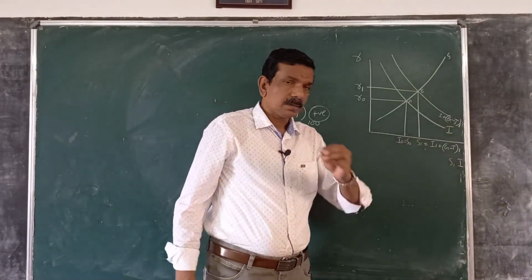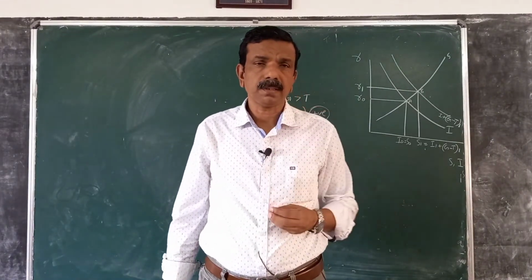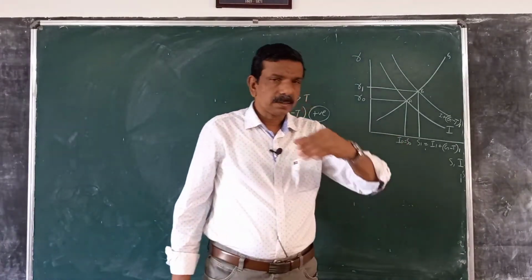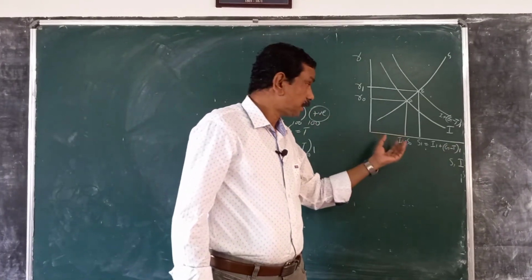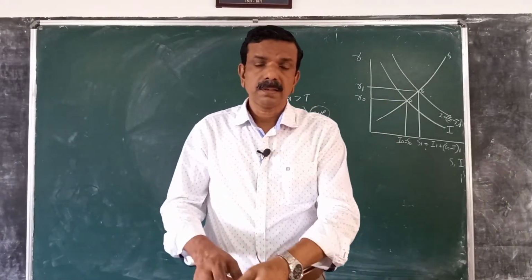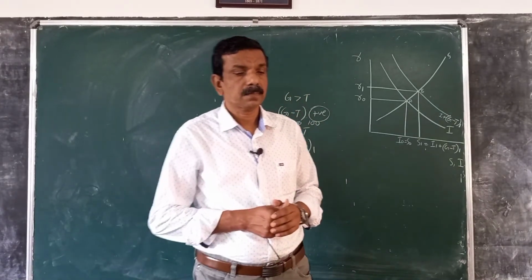When government increases its spending by selling bonds to the public, there is an excess demand for loanable funds over supply of funds. Then there is an upward pressure on the interest rate, so that the interest rate increases from R0 to R1.